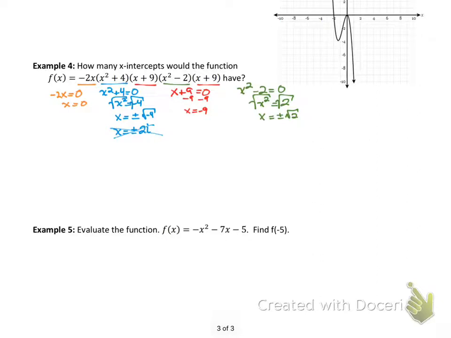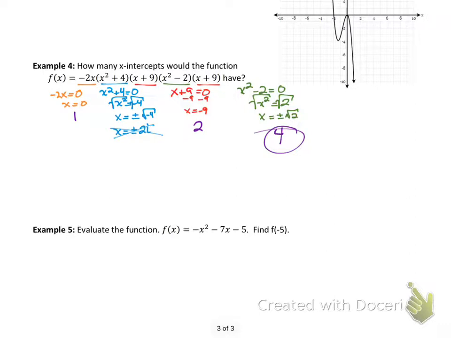And because it's plus or minus, that's actually 2 different answers, right? We have the positive version and the negative version. So when I count it, we have 1, 2, 3, 4. So there are 4 real solutions, or 4 x-intercepts.